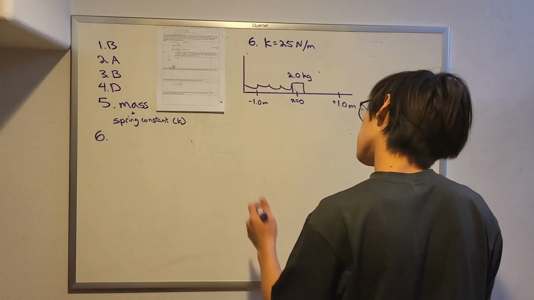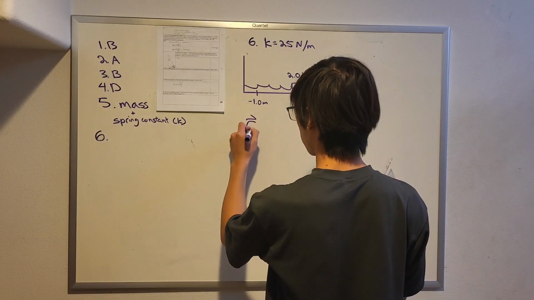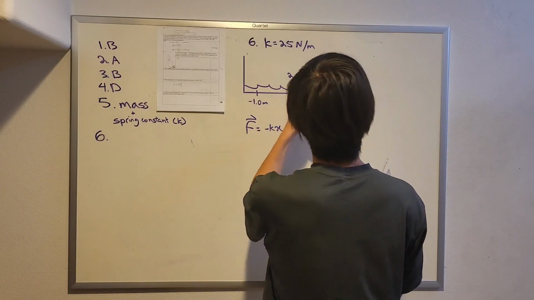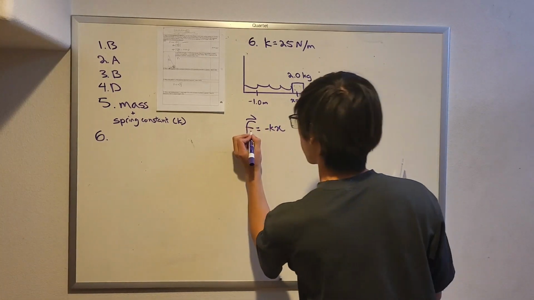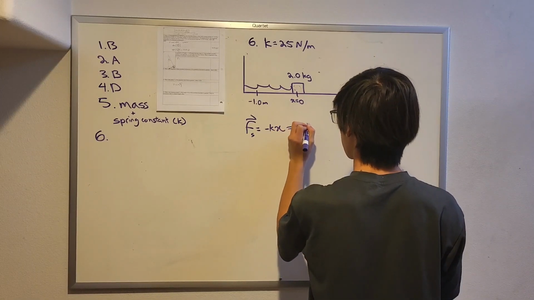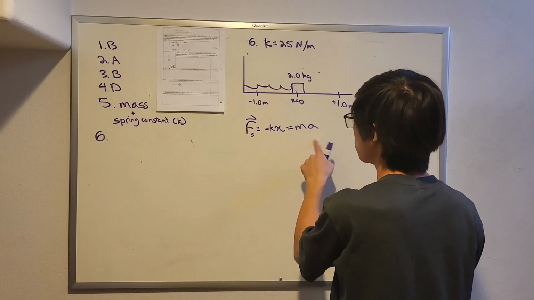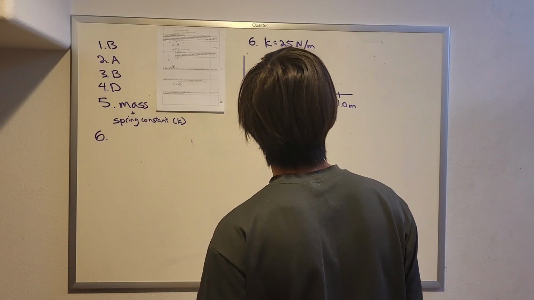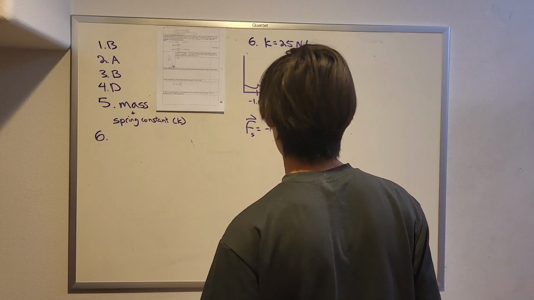All right, so the restoring force is always equal to negative kx. But if we want to know that this spring is applying a force on the oscillator, we know that it's also equal to the mass times the acceleration. So if we want to find the maximum acceleration, we need to find where it is a maximum.